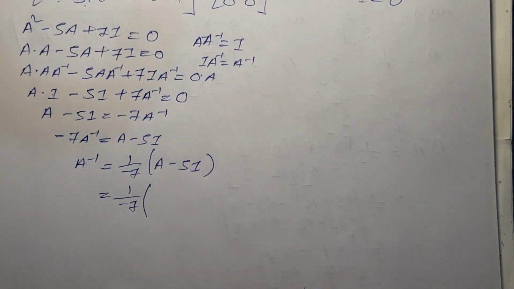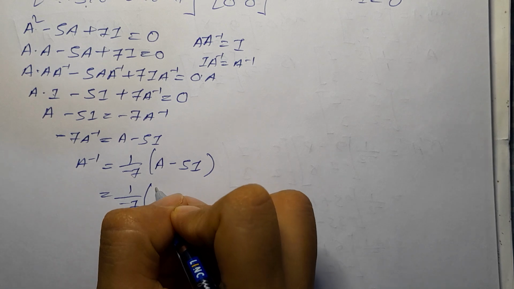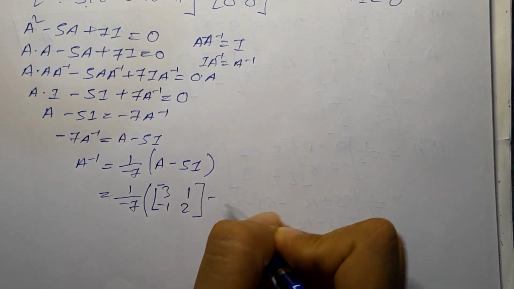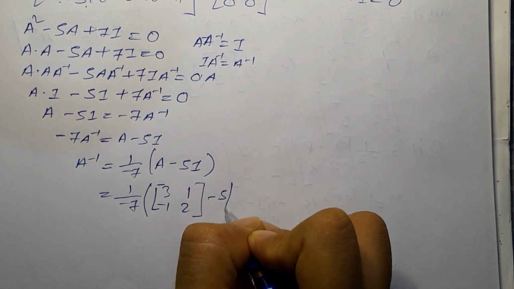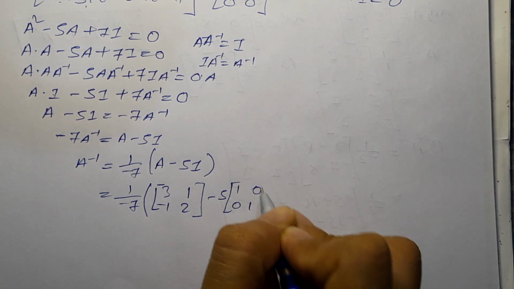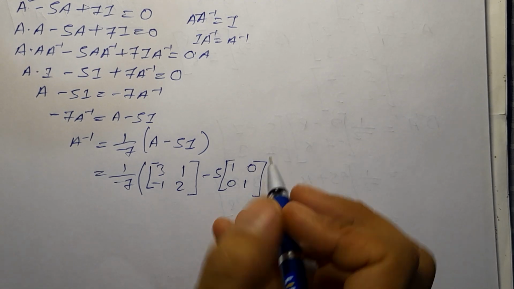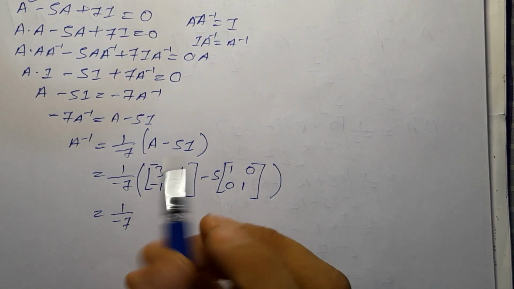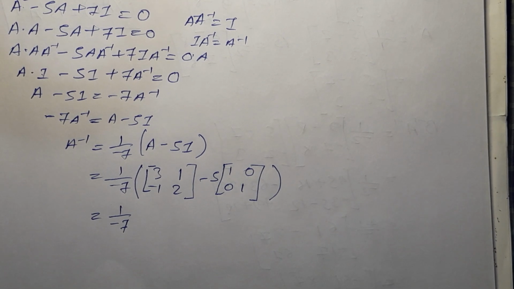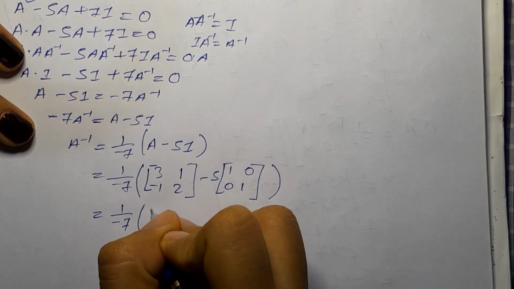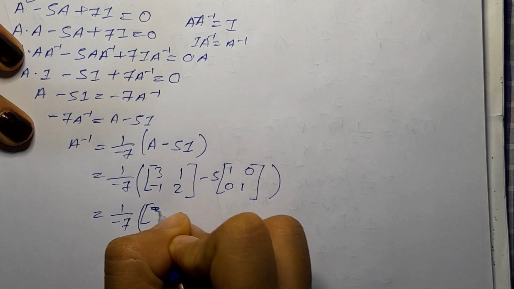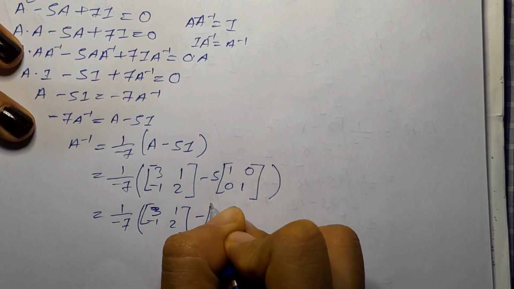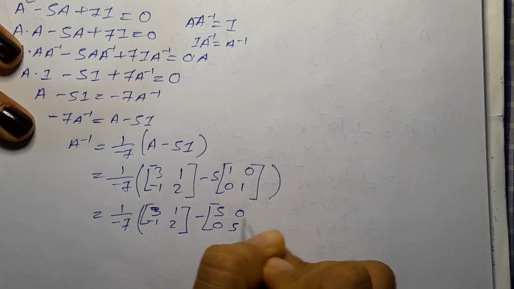A is how much? A we have, that is [[3, 1], [-1, 2]], minus 5I, that is [[1, 0], [0, 1]], bracket close, equal to 1 divided by minus 7 times [[3, 1], [-1, 2]] minus [[5, 0], [0, 5]].